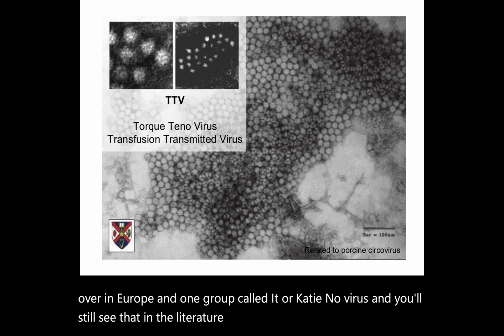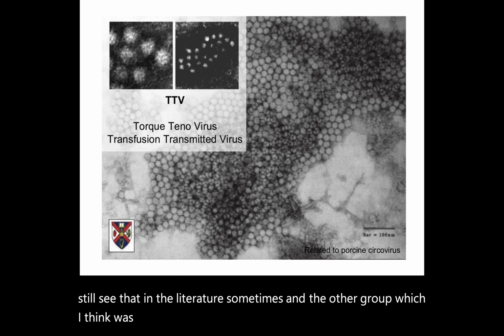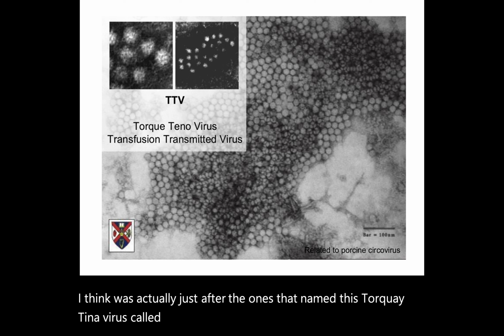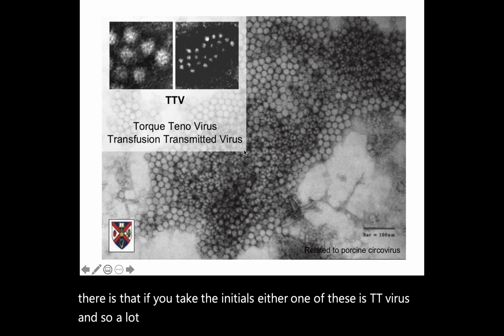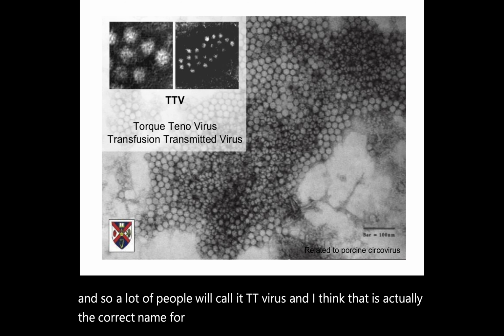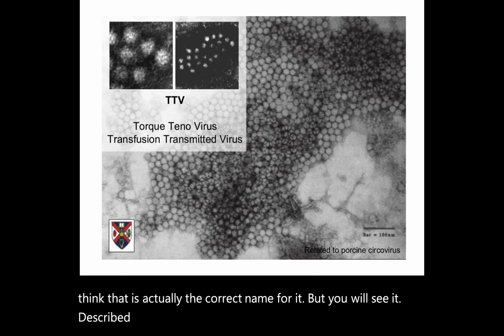The other group, which I think was actually just after the ones that named it Torque teno virus, called it transfusion transmitted virus. But the cool thing is that if you take the initials, either one of these is TT virus. A lot of people will call it TT virus, and I think that is actually the correct name for it, but you will see it described as Torque teno virus sometimes.